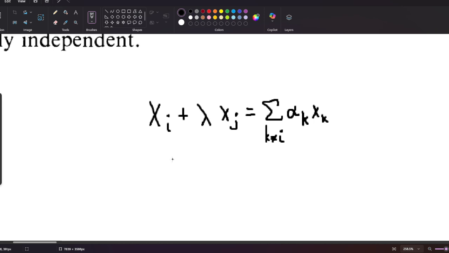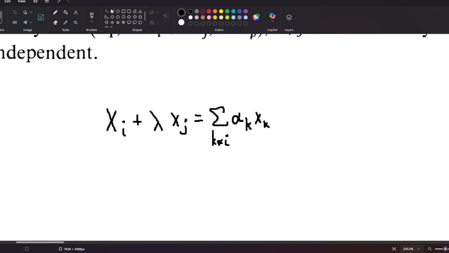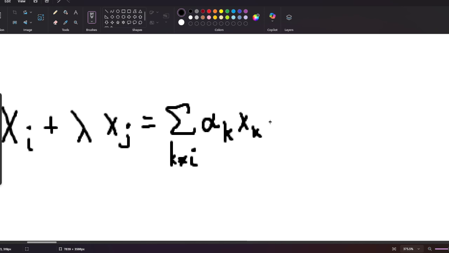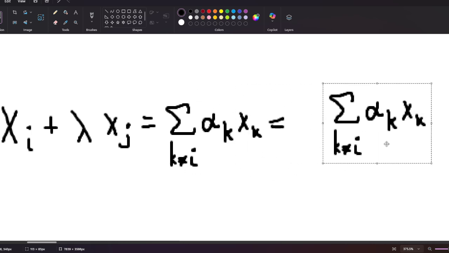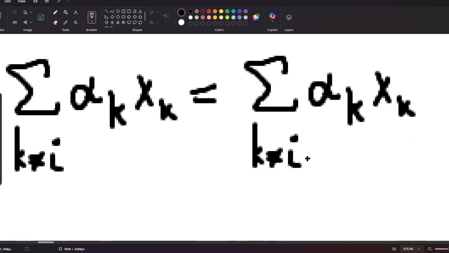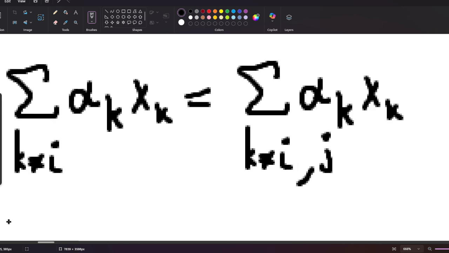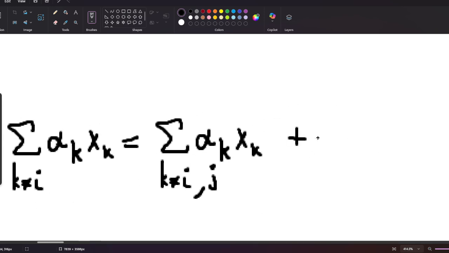Cool. Now let's pull the j out of the sum. Let's write it like that. Include j in the restriction and add it back in as aj xj.